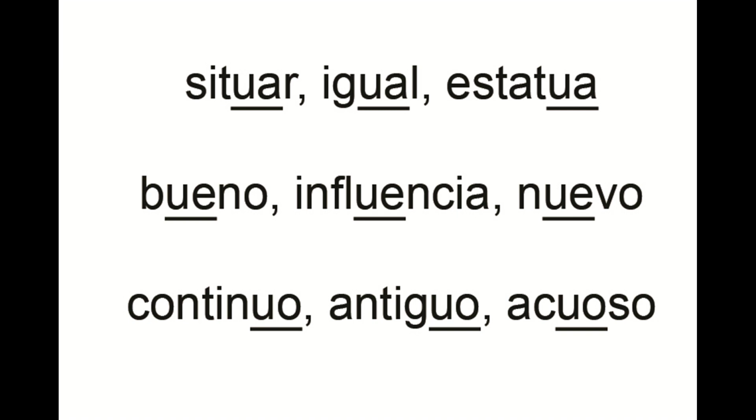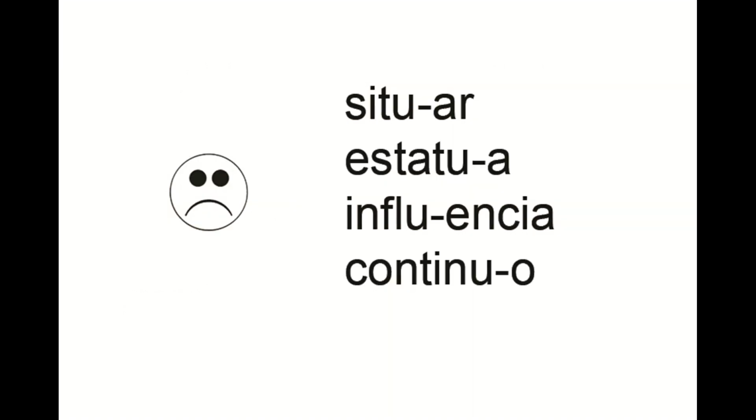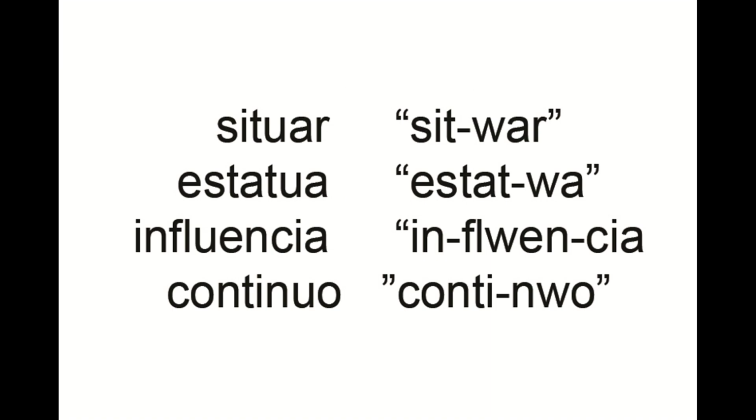Again, English speakers tend to want to separate some of these diphthongs, producing incorrect pronunciations, such as situar, estatua, influencia, continuo. Probably the toughest one to get right is influencia, probably because the syllable with the diphthong in it is so complicated, and because it has an English cognate in which we split up the two vowels. As I said earlier, it helps a lot to remember that the U in all these is pronounced like the English letter W.